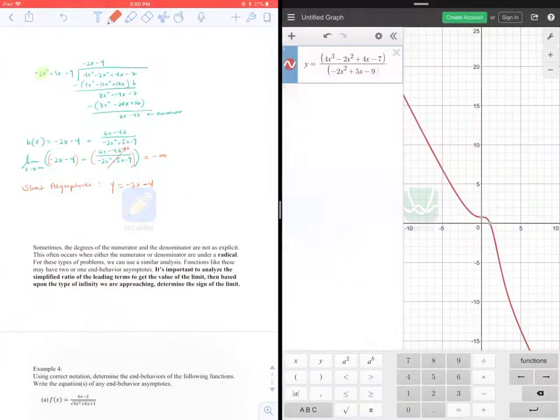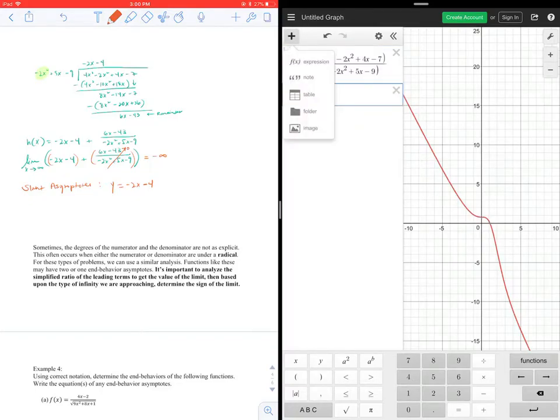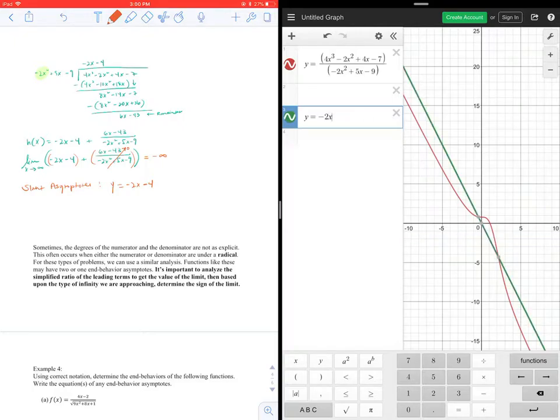Okay, so we have the graph here of h of x. Okay, so you can see there's kind of a little bump about the origin. And if I throw on here y equals negative 2x minus 4, okay.